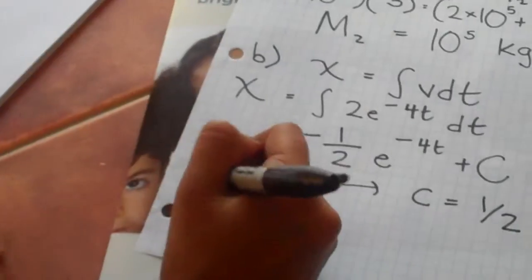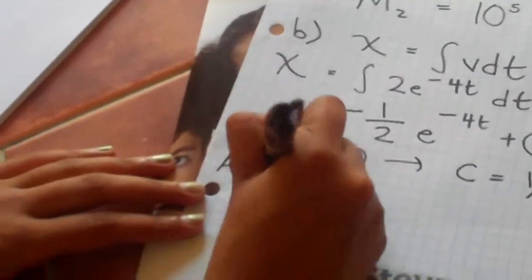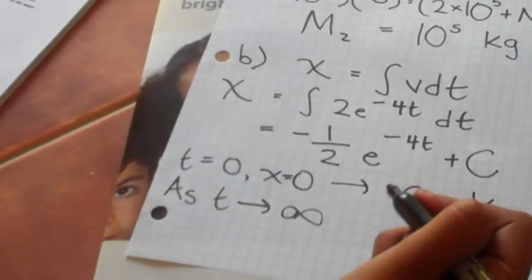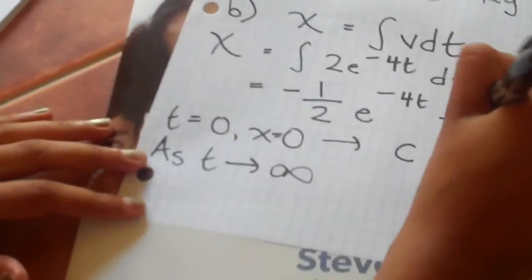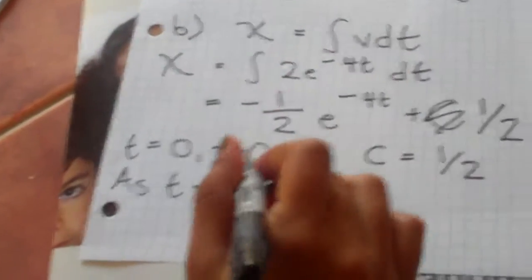Now, we're looking for the value of x as t goes towards infinity. If t goes to infinity, the exponential term cancels out and just becomes 0. So x is equal to 1/2 meter.